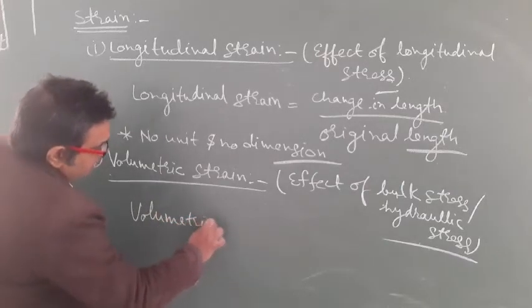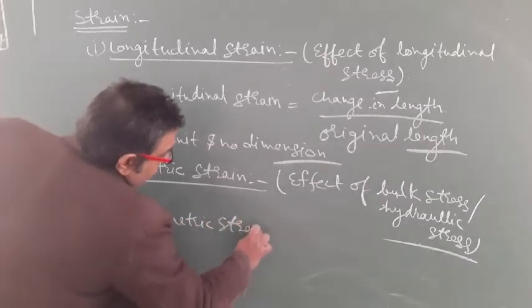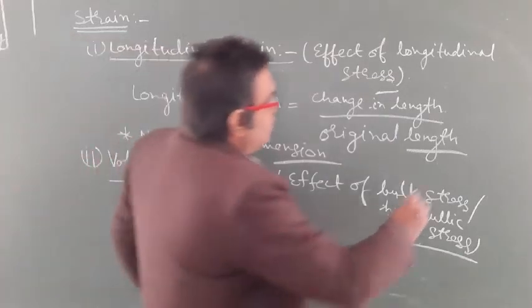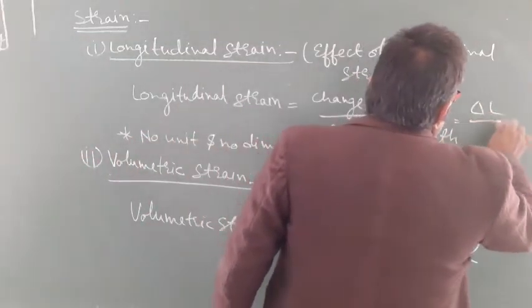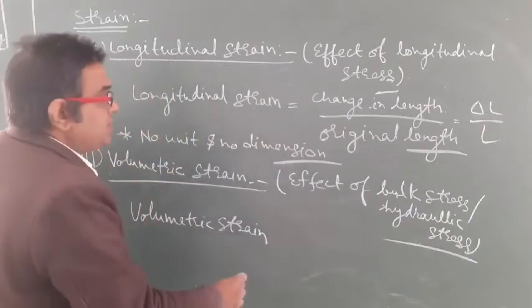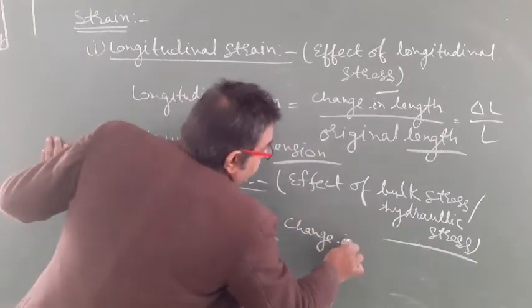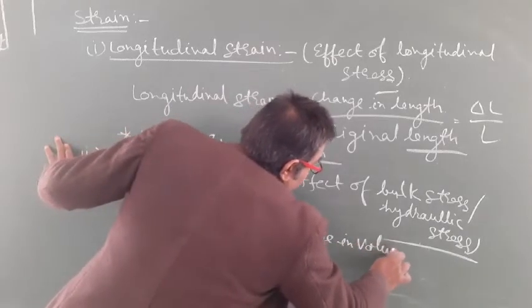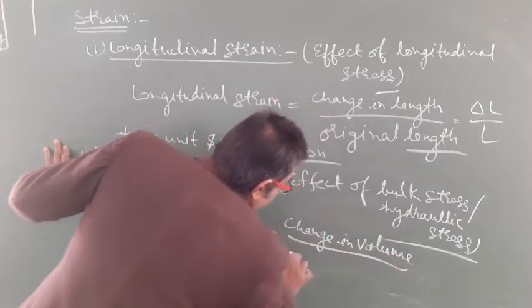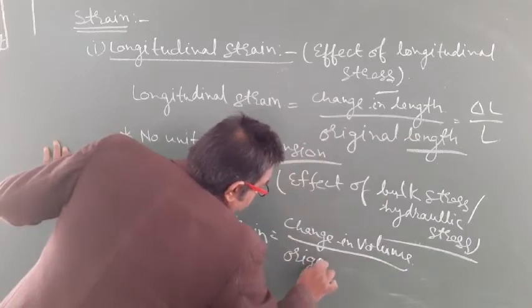Volumetric strain can be written as change in volume upon original volume.